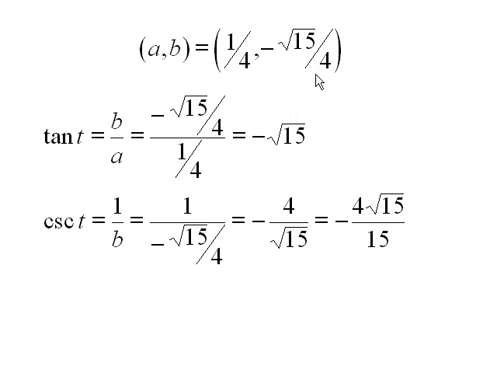That's the reciprocal of the y-coordinate, minus 4 over root 15. And then with that trick of rationalizing the denominator, we can write that as minus 4 root 15 over 15. Secant, the reciprocal of cosine, so the reciprocal of the x-coordinate, is 1 over a fourth, that's 4.